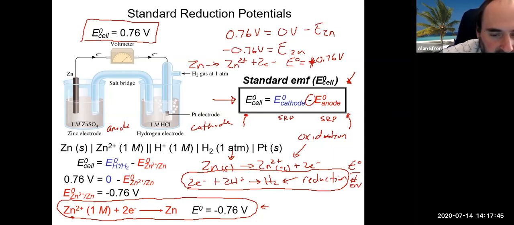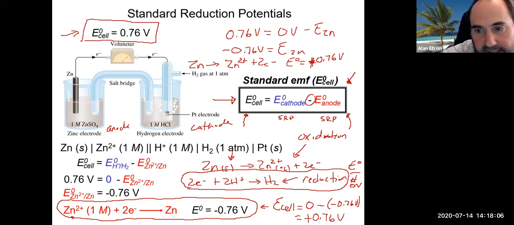So when we calculate E of the cell, it's going to be 0 minus a minus 0.76 volts. Those two minuses change the sign, and we get our positive 0.76 volts, which is again what we see in the cell.